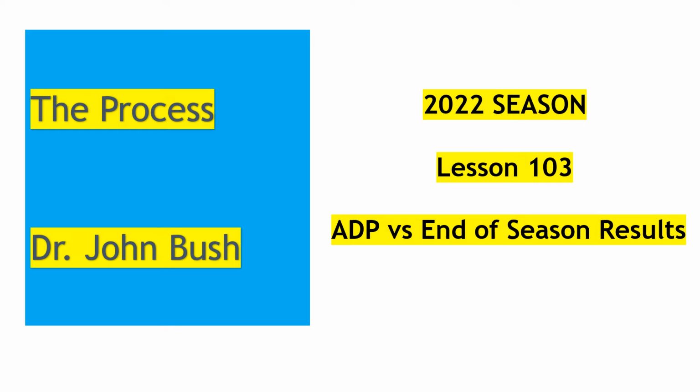So I did capture the most accurate ADP, which I haven't tested, that should be at the end of August versus the end of the season. So if you're drafting in June or May, if there are redrafts, just be aware of that.